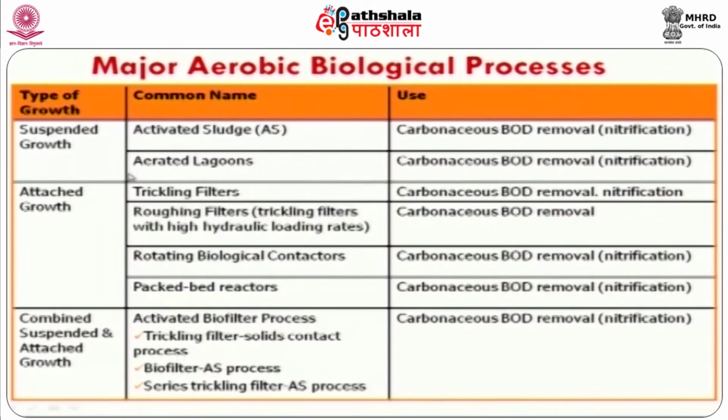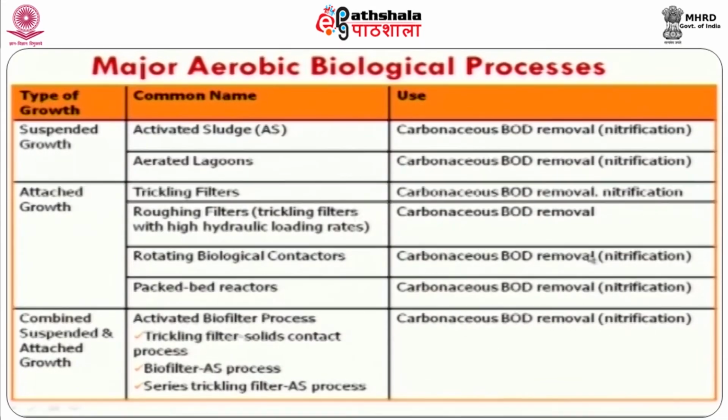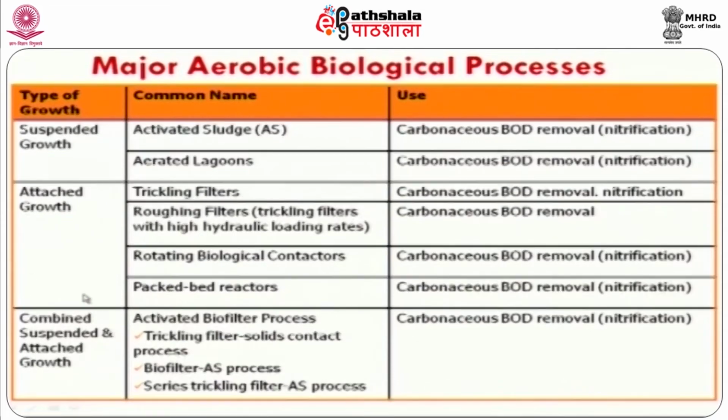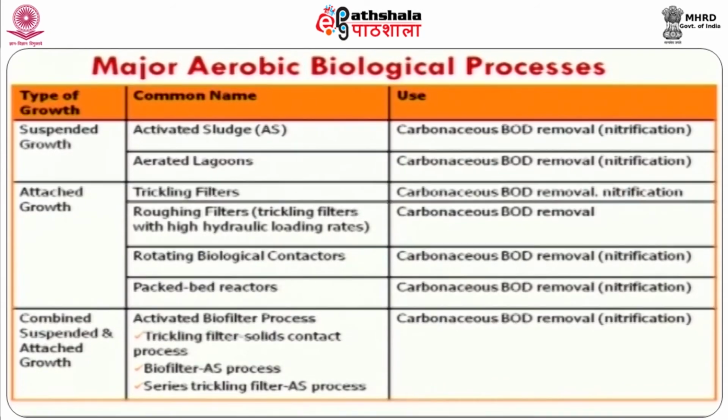With the help of this attached growth culture, we can tackle carbonaceous matter as well as nitrification, based on the operational parameters. By integrating these two facilities, we can achieve better efficiency. Some of the reactors are activated biofilter, trickling filter solids contact process, biofilter activated sludge process and so on. With this integrated facility, we can tackle carbonaceous material as well as nitrification activity.